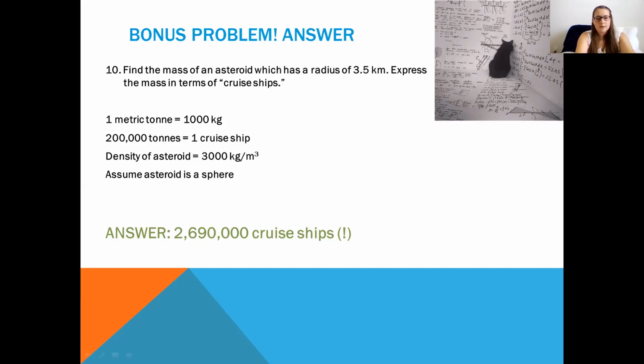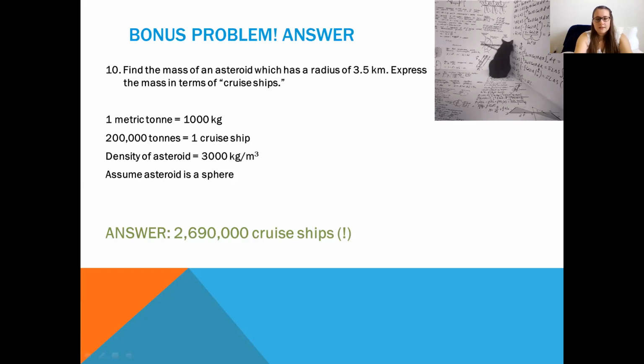Volume equals 4/3 times pi times r cubed. That's our volume of the sphere. So we plug our radius into that, and that will give us the volume of our asteroid.